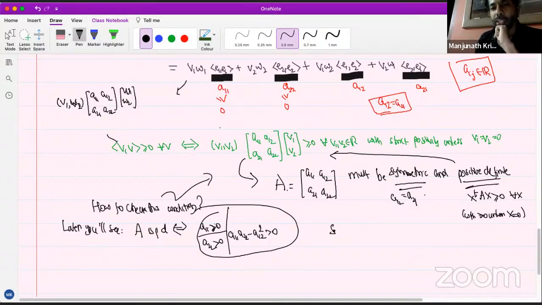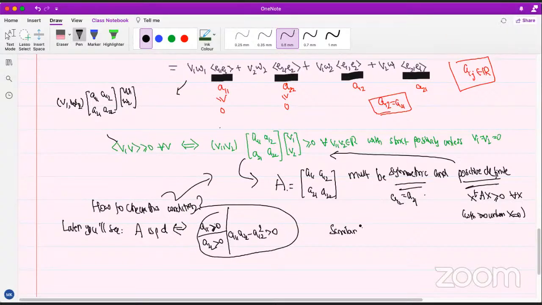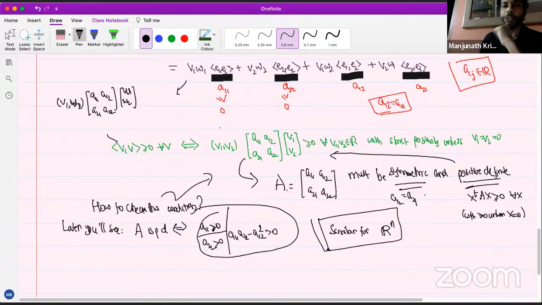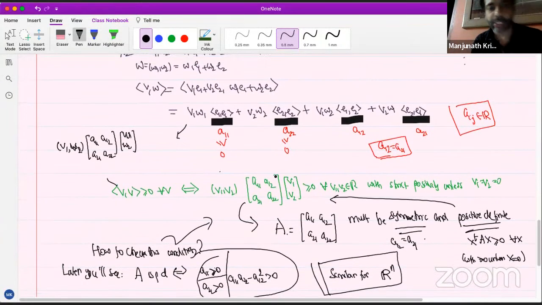And a similar thing holds in higher dimension. I don't know how much time I will get to spend on positive definite matrices. I thought I'll just introduce it here.